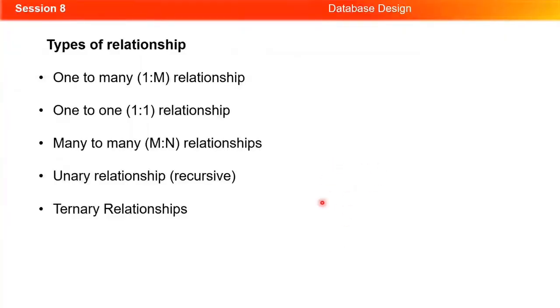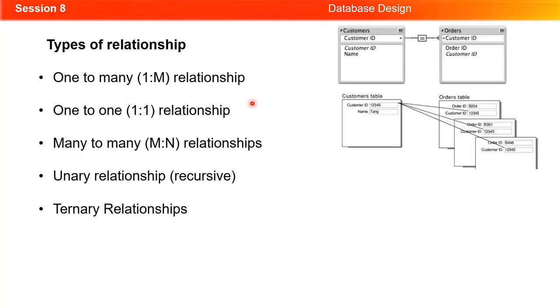So entities and tables do relate with one another. There is the one-to-many relationship and also a one-to-one relationship between entities. So here are some examples. We can see a one-to-one where, in this case, there's a customer ID and an order, and one customer ID has one order and the order has one customer ID.